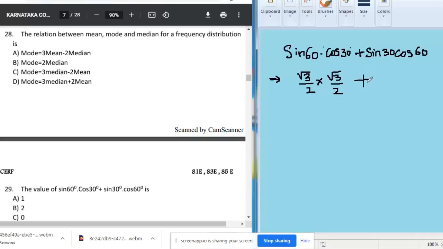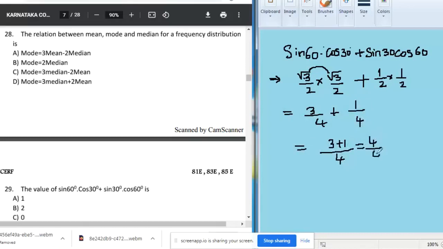Please have a look in the description. Sin 30 is 1 by 2 and cos 60 is also equal to 1 by 2. Root 3 into root 3 is 3 and 2 2s are 4, plus 1 1s are 1, 2 2s are 4. So LCM will be 4 and I will add the numerators. 3 plus 1 is 4. 4 by 4 value will be 1. So correct option for this question is A, 1.